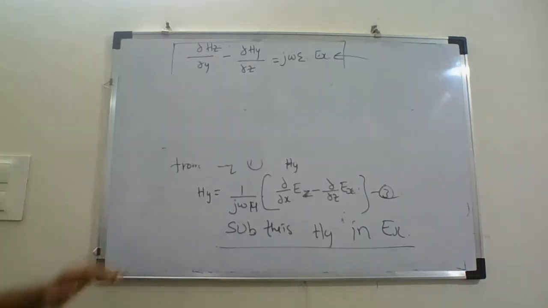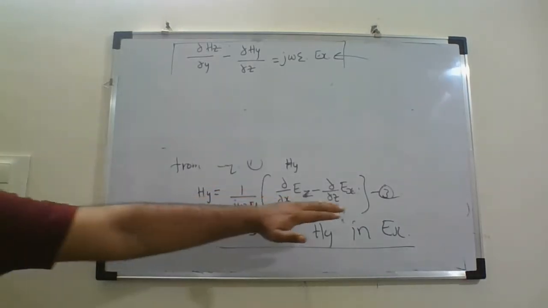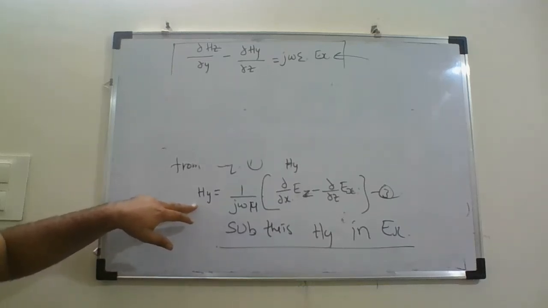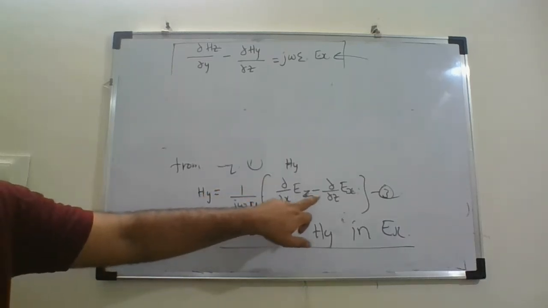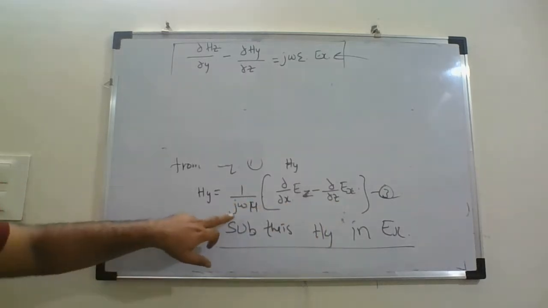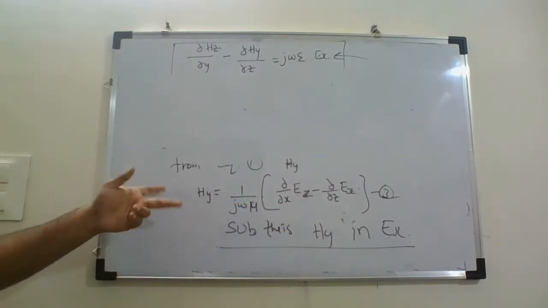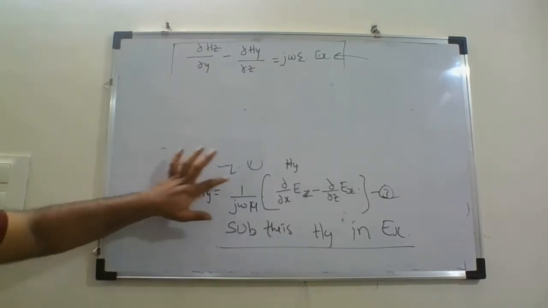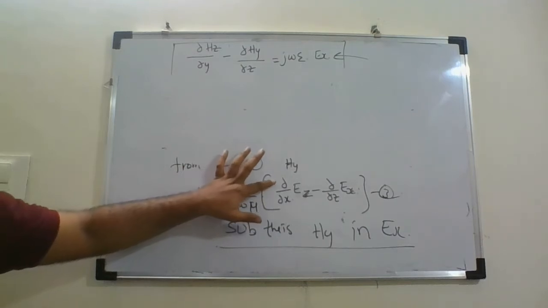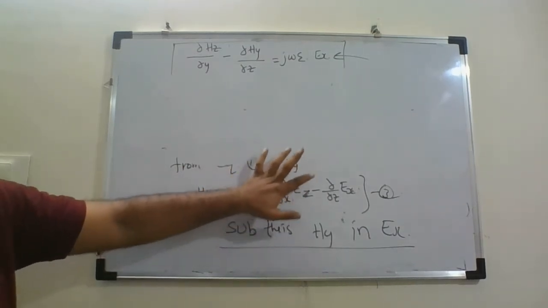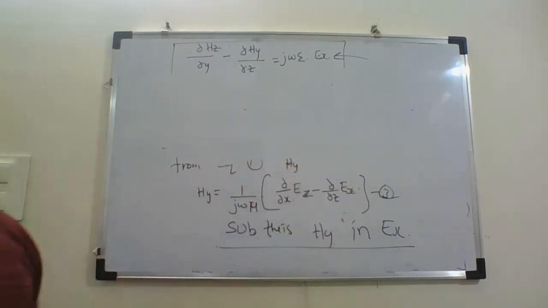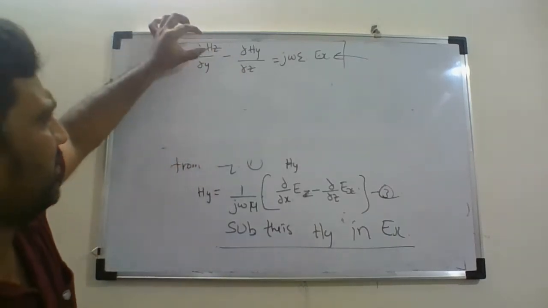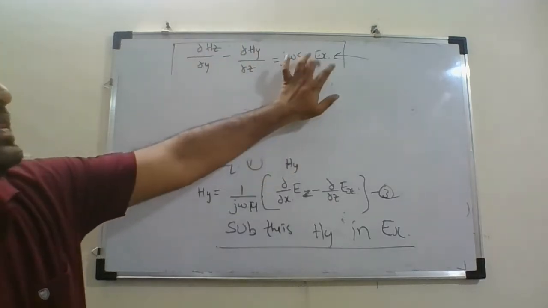From equation 1, we got ∂Ez/∂x minus ∂Ex/∂z is equal to jωμ into Hy. From that I've just changed the structure: Hy is equal to 1 by jωμ into ∂/∂x of Ez minus ∂/∂z of Ex. Now I want to substitute this Hy in the Ex term.